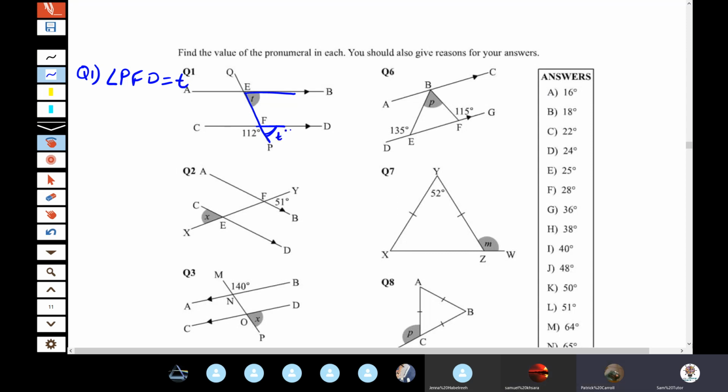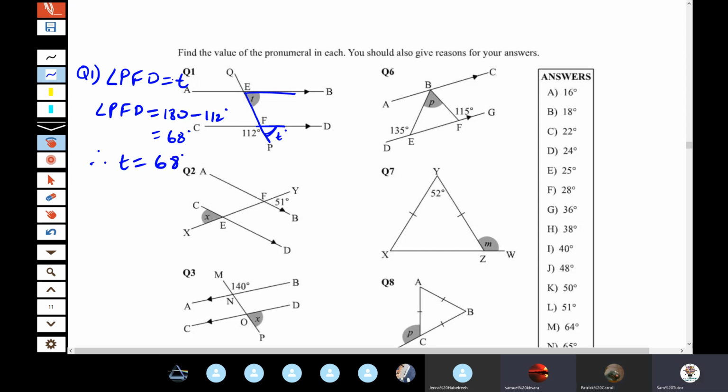That's T. And then angle PFD equals 180 take away 112. That becomes 68. Therefore, what can you conclude? Therefore, T equals 68 degrees.